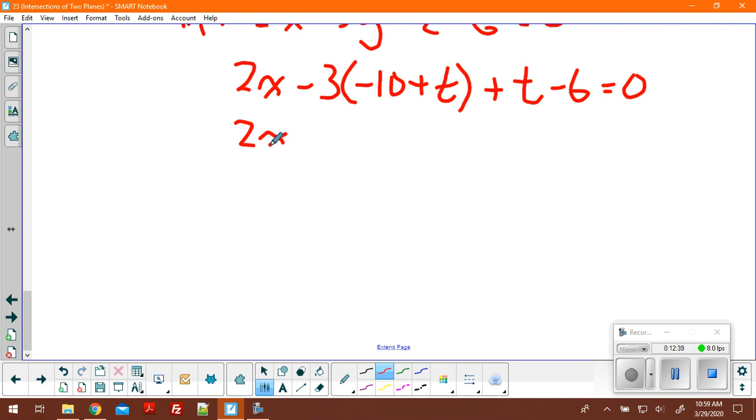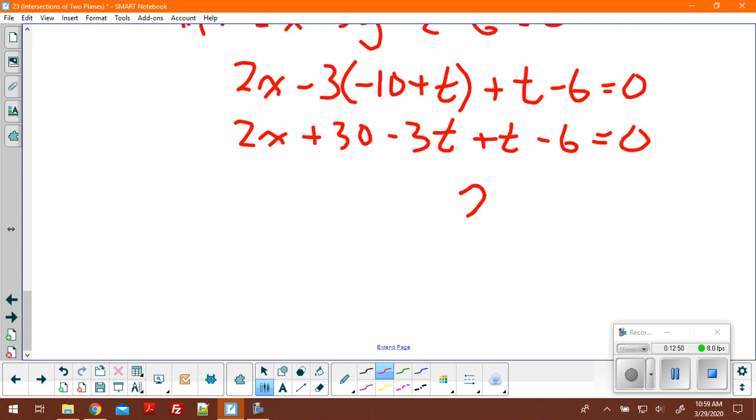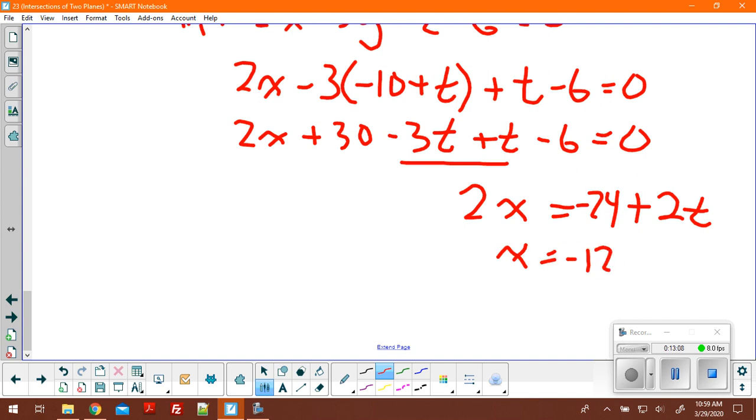So 2x plus 30 plus 3t plus t minus 6 equals 0. Let's see, 2x equals negative 3 plus 1 is negative 2t, and then 30 take away 6 is 24. Bring it over, that's negative 24. So x equals negative 12 plus t.